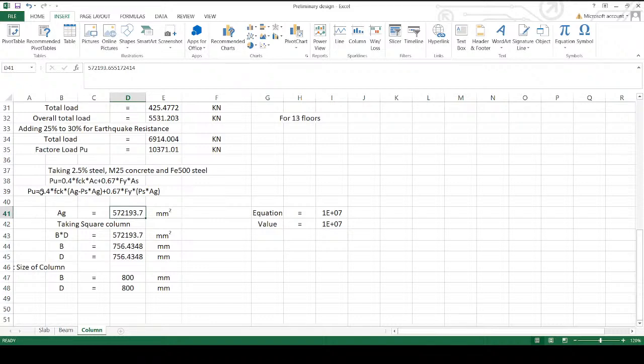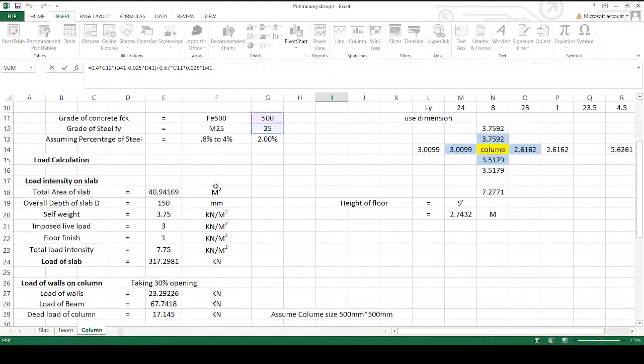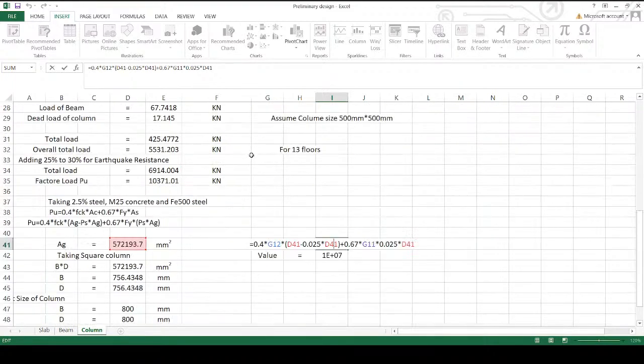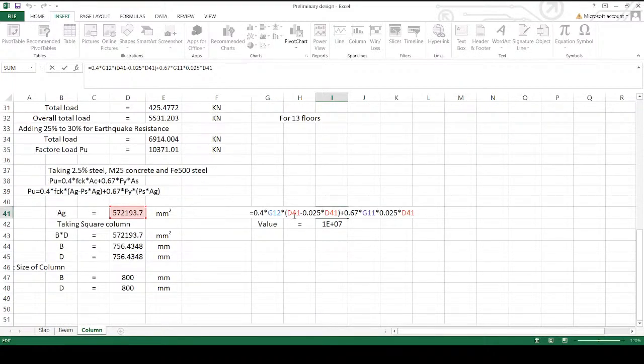How am I solving these equations? Here I form these equations in the cells. That is 0.4 into fck, that is 25, into gross area Ag.